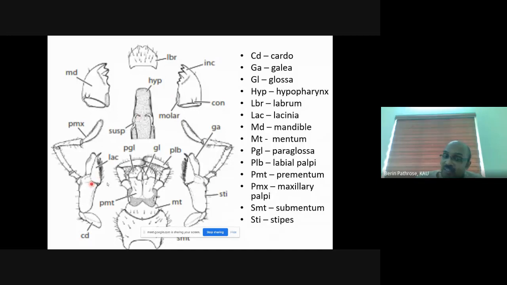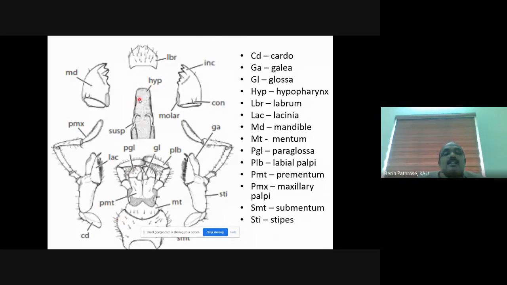And on either side, we have another structure called maxillae. And at the posterior end, we have a structure called labium. So this is labrum, mandibles, this is maxillae, this is labium. We will come to it one by one.